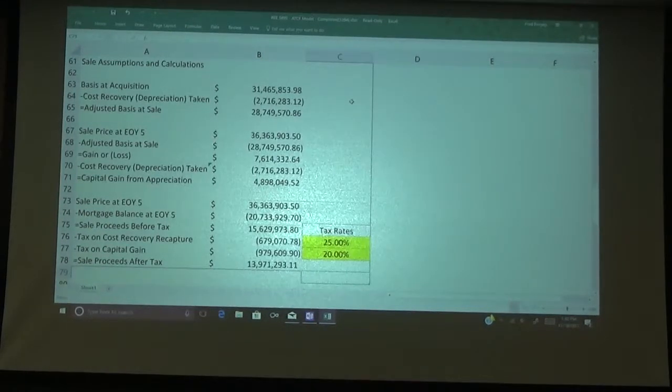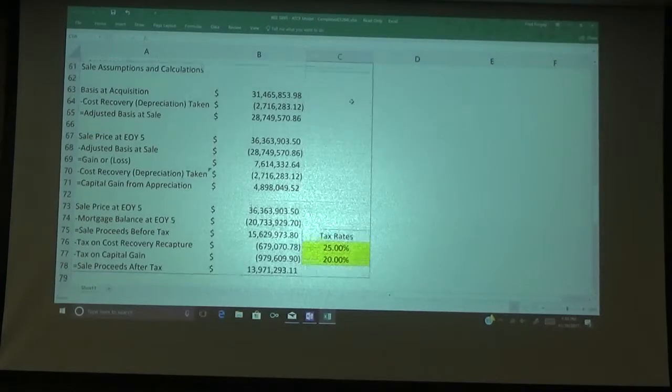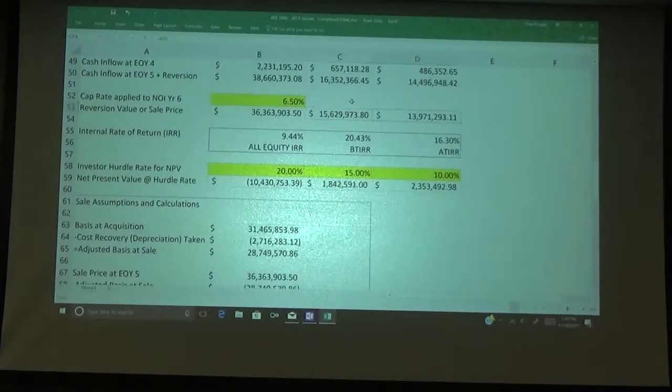So if you look at that, those two numbers there obviously reflect the numbers from down below of simply what the reversion amounts are. Okay? Does that make sense?